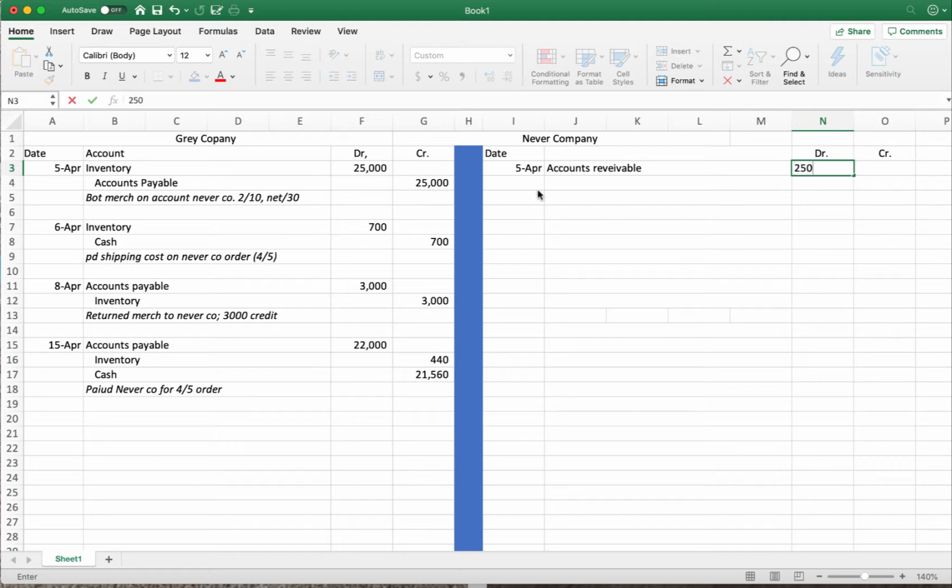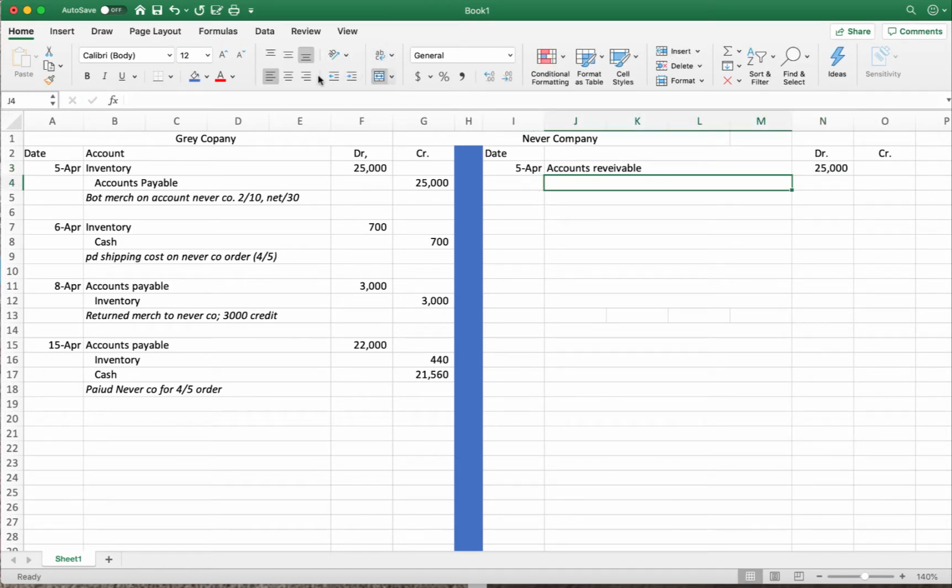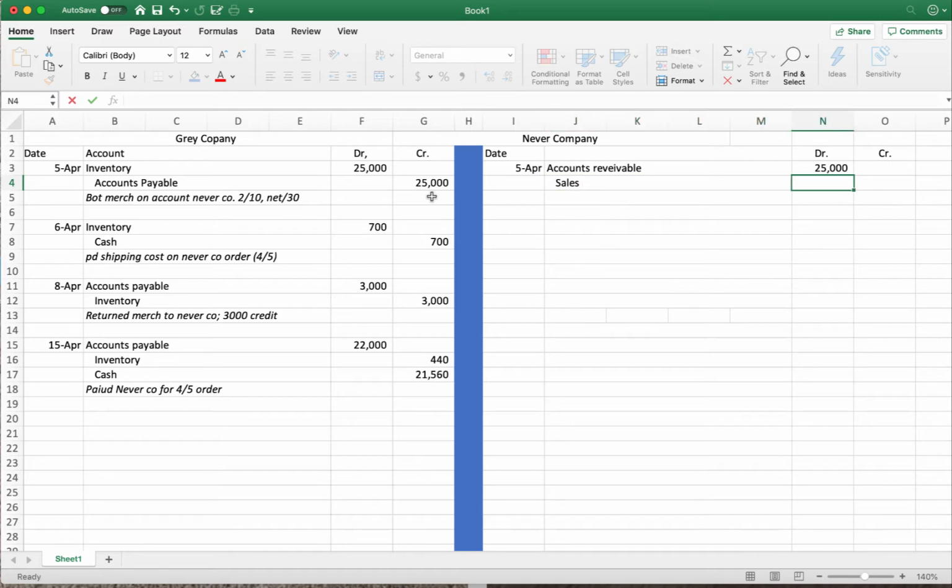For the same $25,000, I'm going to credit sales revenue or sales. It doesn't matter. If I type in sales, I know it's sales revenue, okay? For $25,000. Now, what am I going to do here?